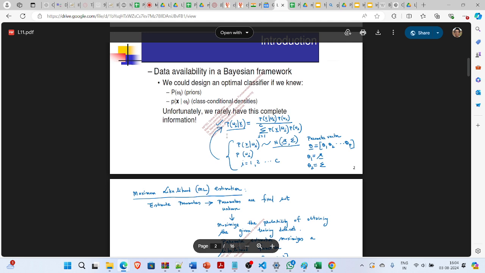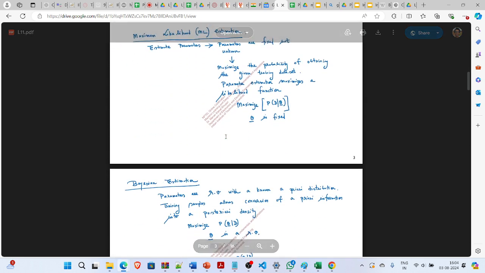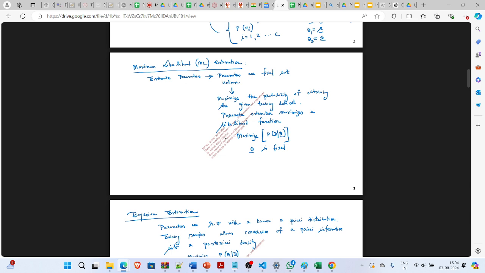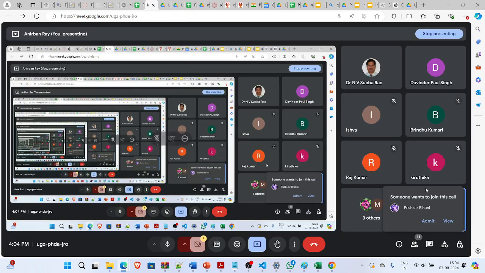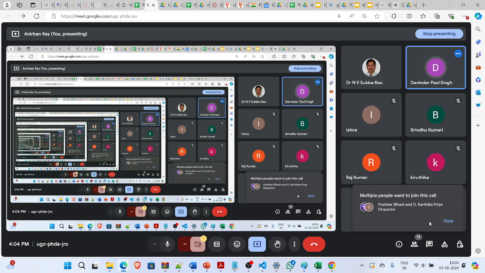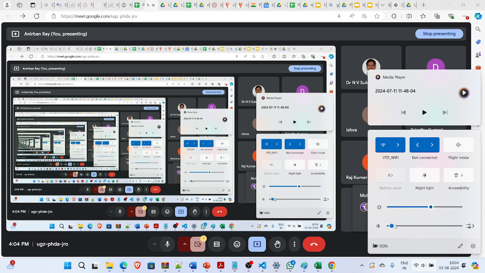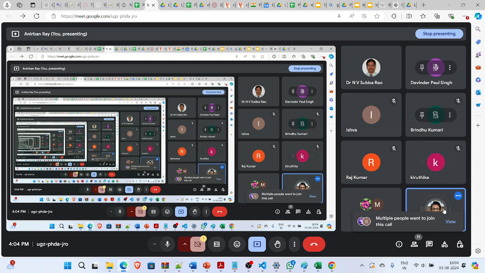So as you can see, for the maximum likelihood estimation, we need to understand what is likelihood. Is everything audible? Yes, it's audible. Acha, my volume is a little low. So let me explain.